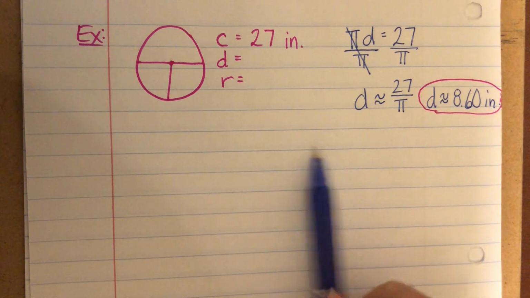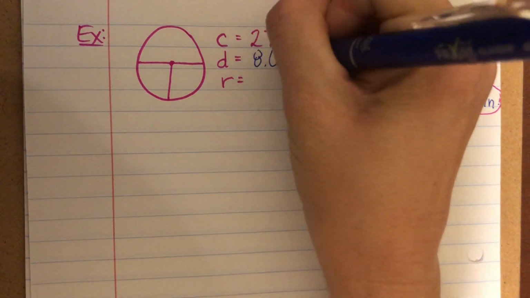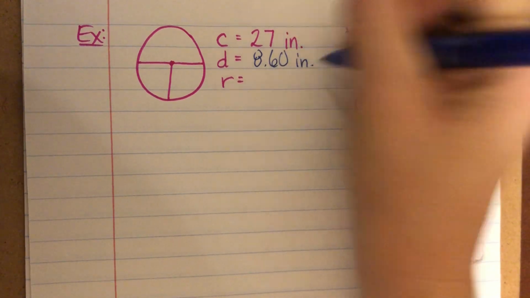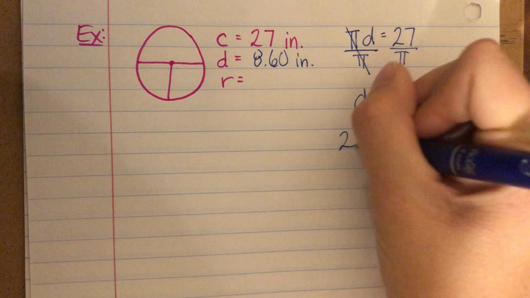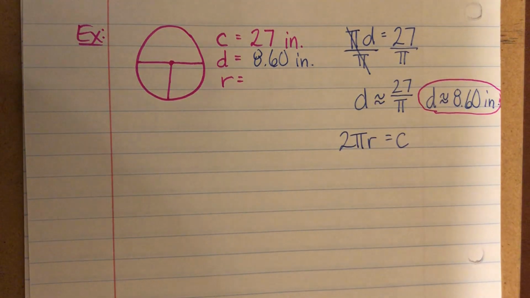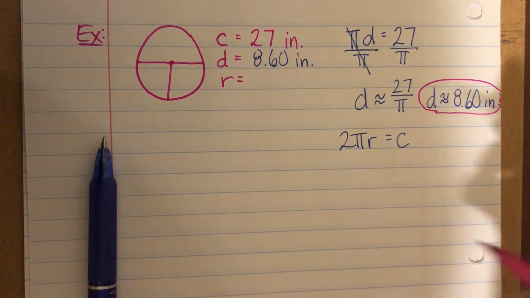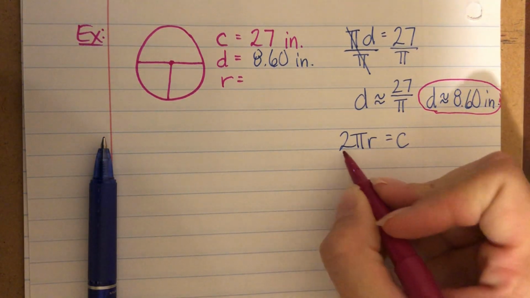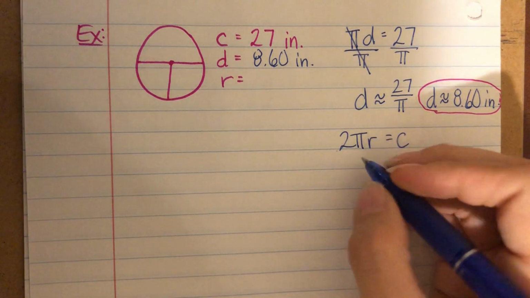Now we also want to find the radius. Okay, so now I'm going to use this equation. 2 pi r is equal to circumference. All right, so I can divide both sides by 2 pi here. I hope I'm not blowing your mind too much.